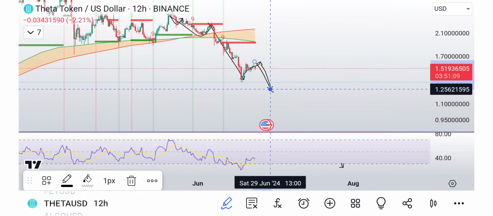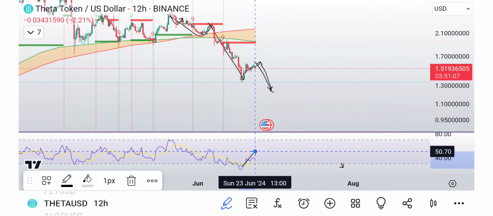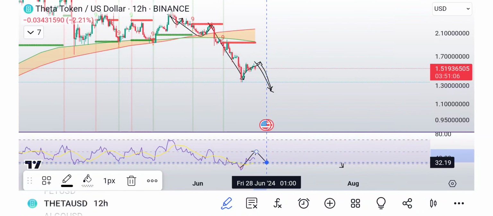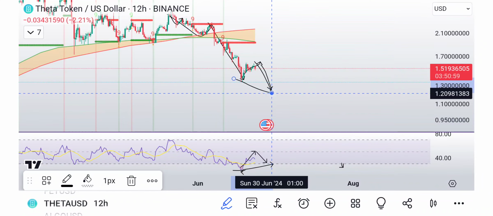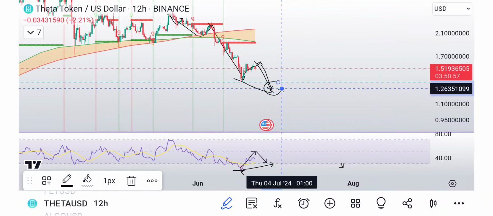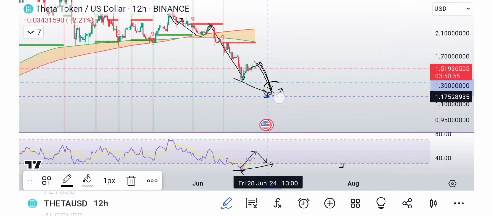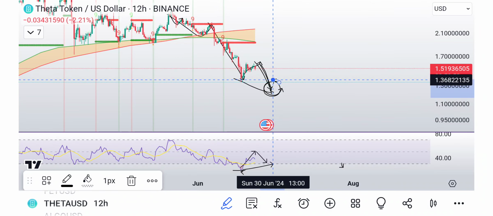If we do come down and take out this low, we have the RSI here. We could get bullish divergence where price makes a lower low and RSI makes a higher low. And if we come down here and wick down, that's going to be a really good buy, because not only are we going to have a 3-day 9, but we're also going to have bullish divergence between the 4th and the 5th.